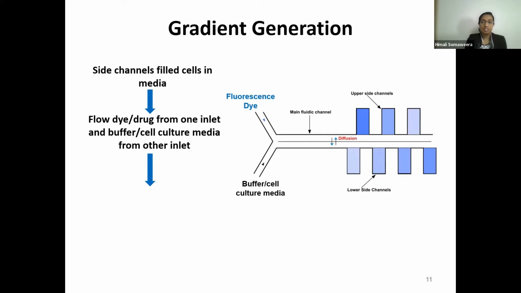For the demonstration, I use a fluorescence dye to show how the chip works. The fluorescence dye flows from one inlet, and buffer or cell media comes from the other inlet, and then they diffuse into each other.